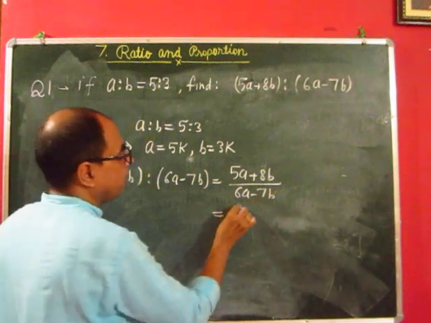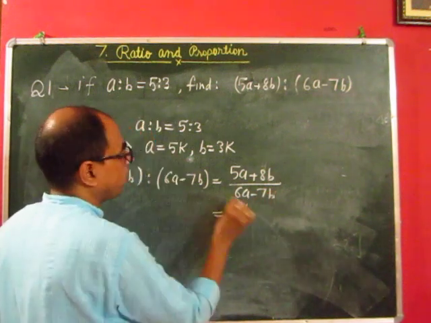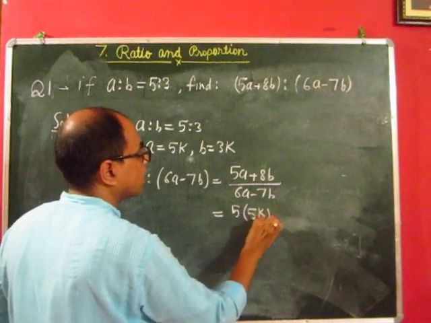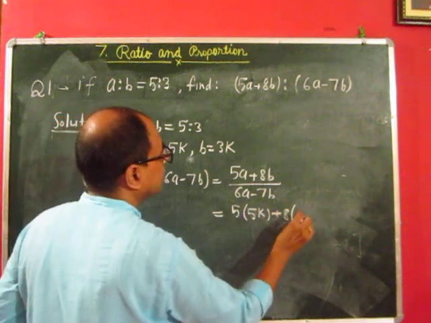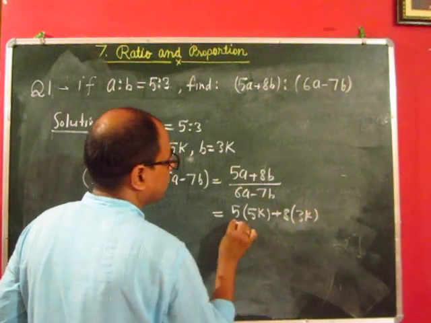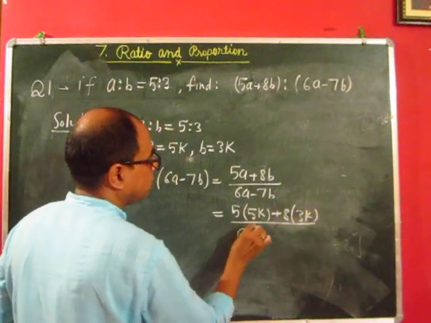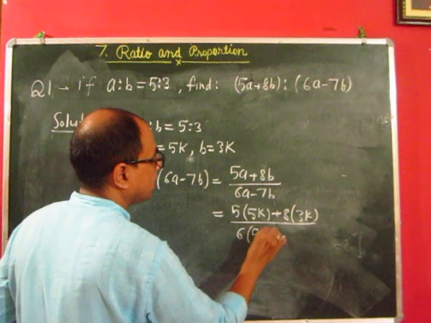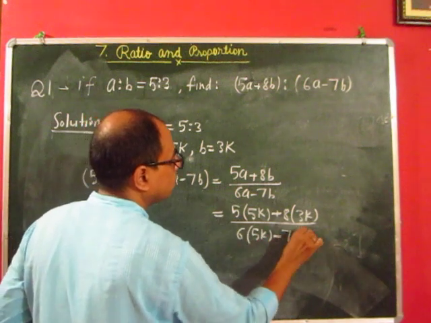Now put the value of A and B. So 5A is 5 times 5K, plus 8B is 8 times 3K, divided by 6 into 5K minus 7 into 3K.